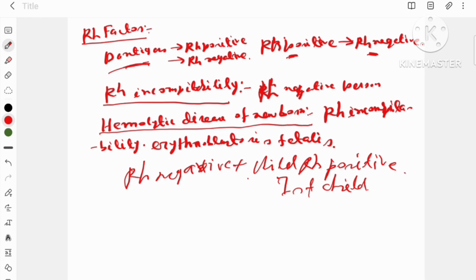However, during delivery, the Rh antigen from fetal blood leaks into the mother's blood because of the umbilical cord.